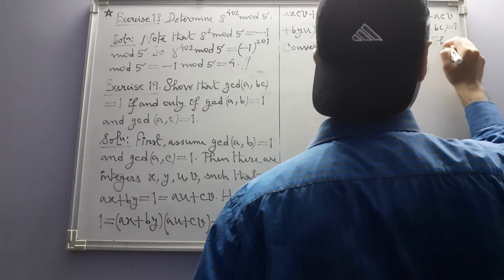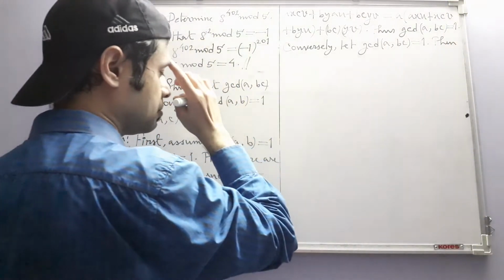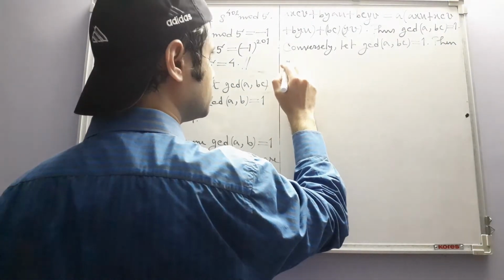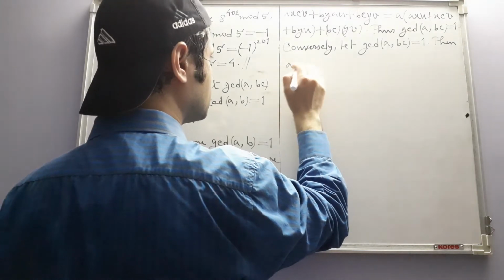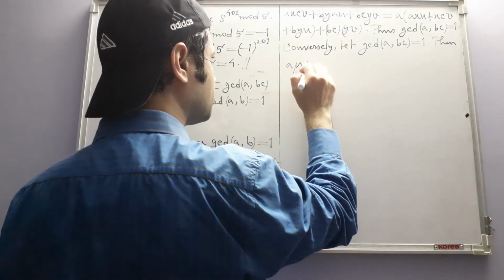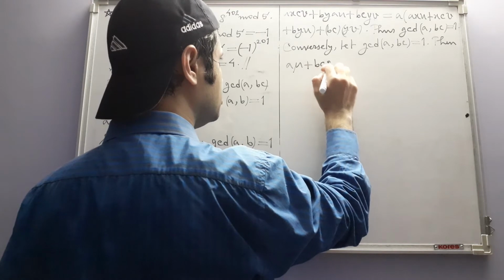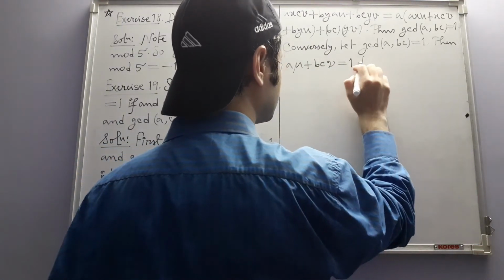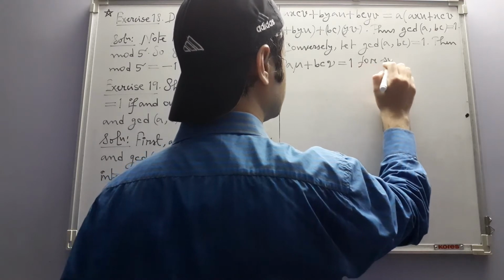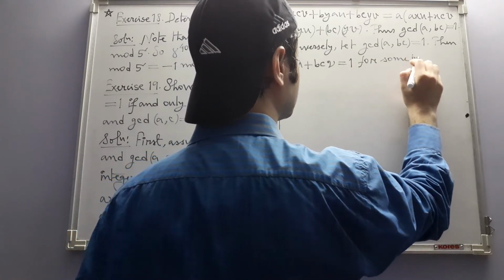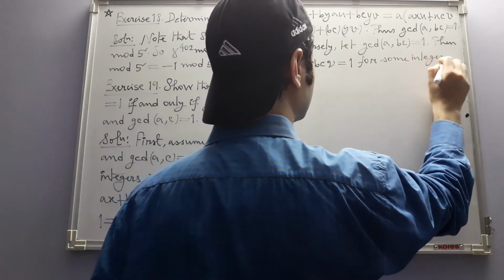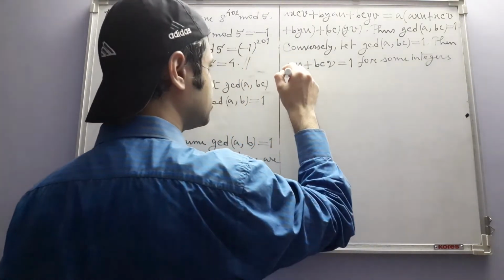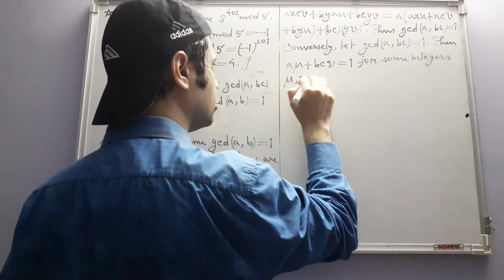Then A mu plus BC nu is equal to 1 for some integers mu and nu.